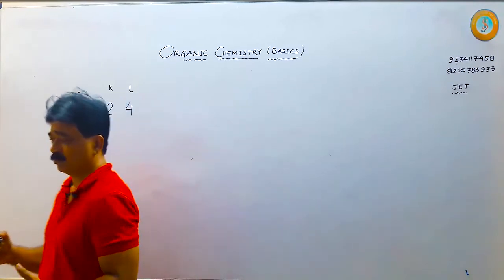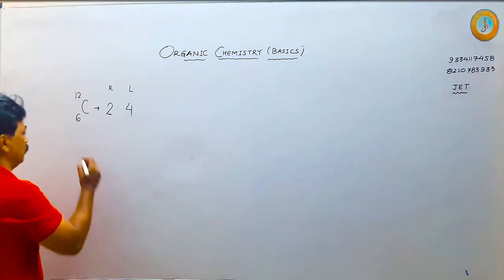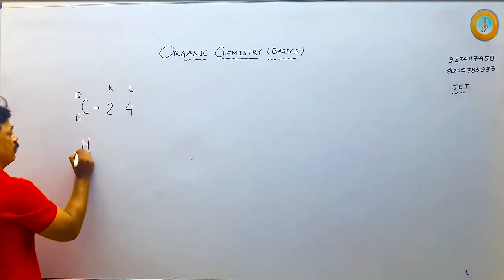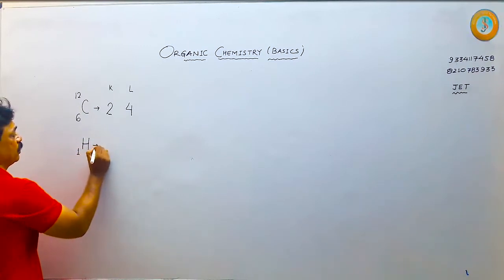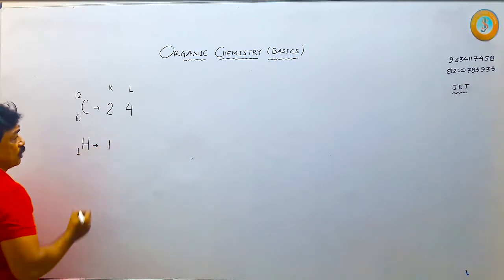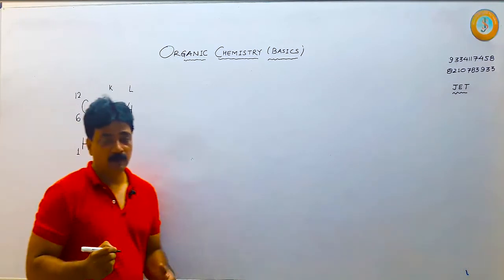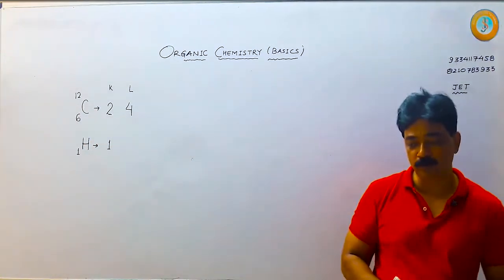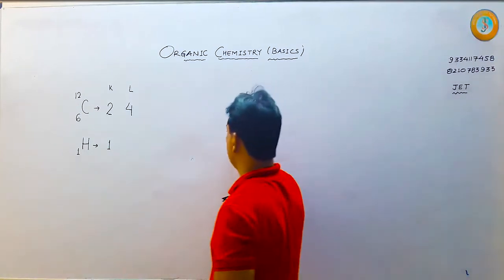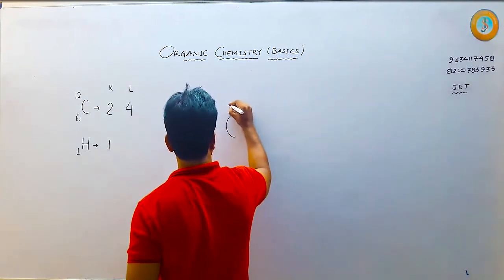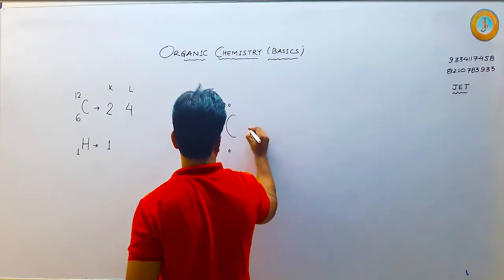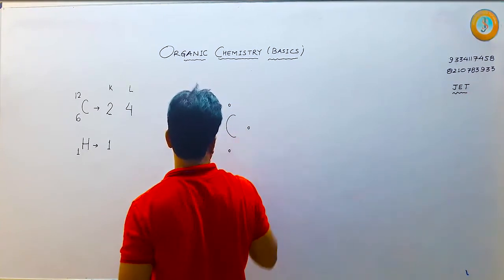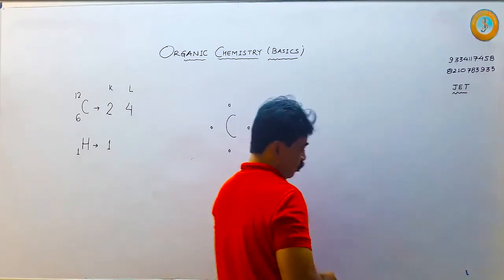Let us see, suppose we take up the simplest element, hydrogen, which has a valency 1 because its electronic configuration is 1 and it wants to complete its duet. So if carbon forms a compound with hydrogen, what will happen? It will need 4 more electrons.